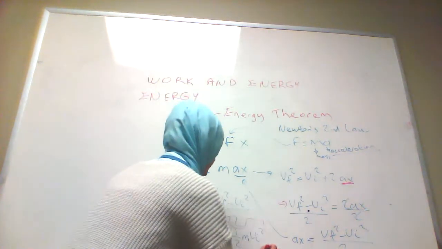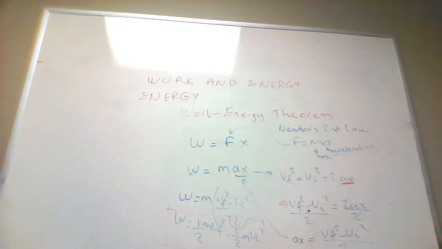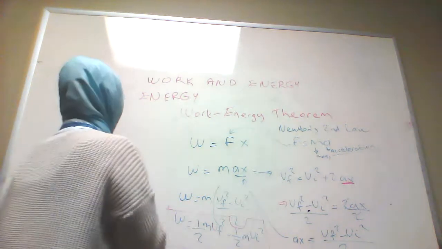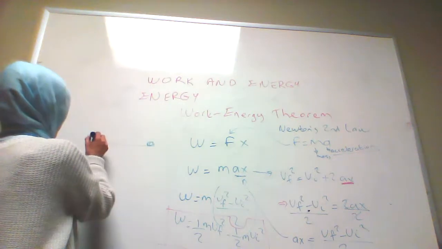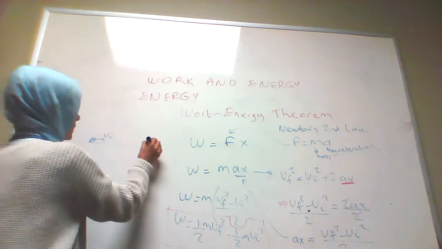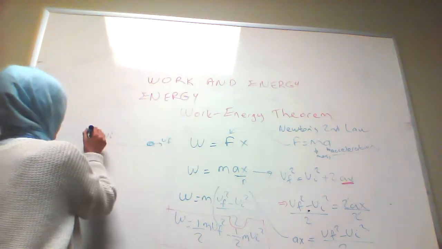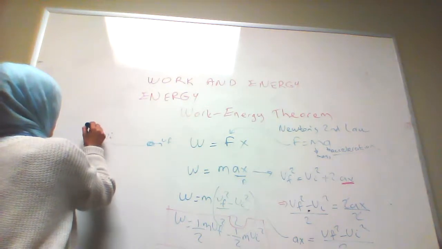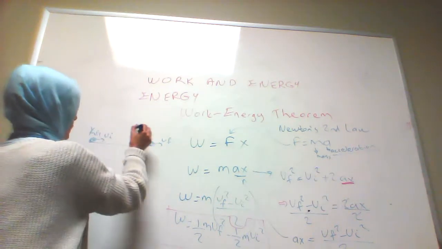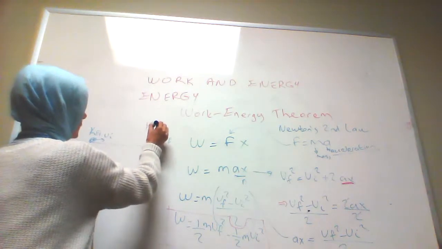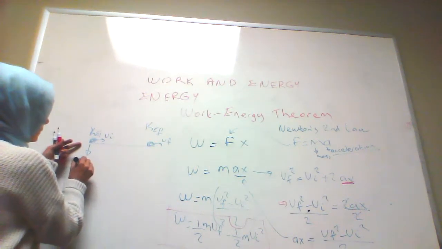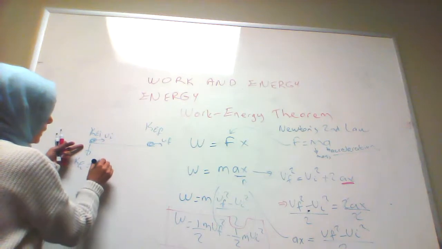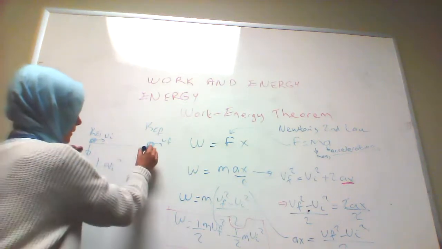And this is work. Now let me remind you, if an object was changing its velocity, for kinetic energy, right? It has v initial, v final, kinetic energy initial, it will have kinetic energy final, right? And kinetic energy initial is 1 over 2 m v initial squared.